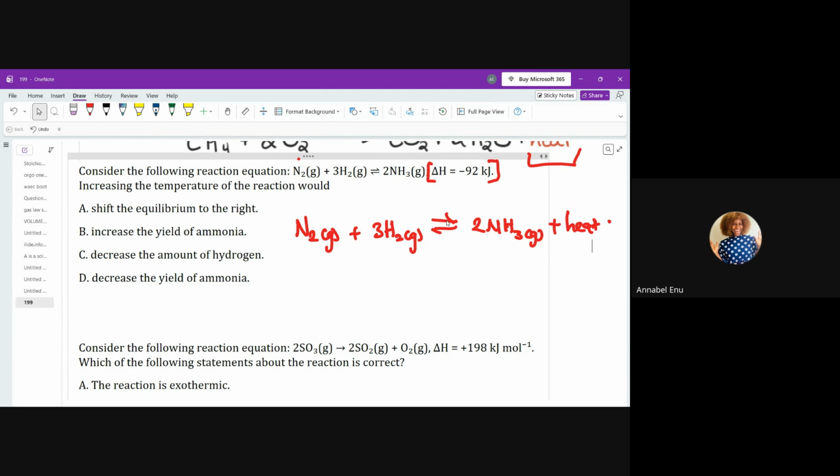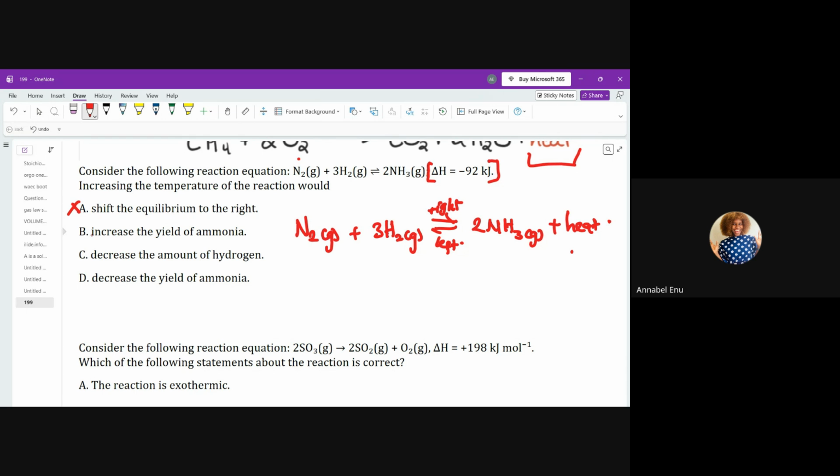Left. Very good. It's to the left. So equilibrium will shift towards the left because the heat is here, so it is going to go away from it. That is to say our A is not the answer because A said equilibrium will shift to the right.